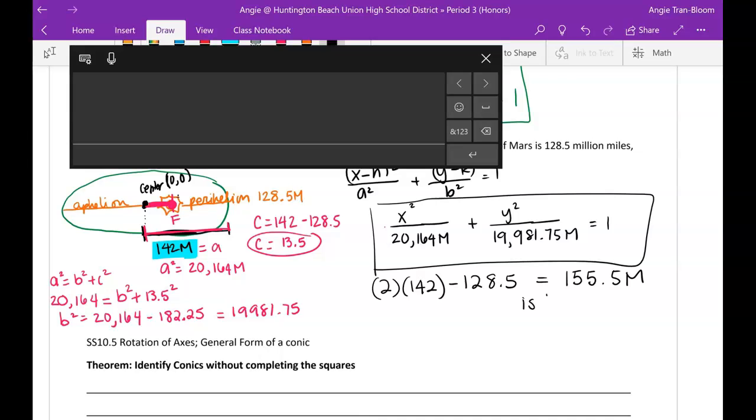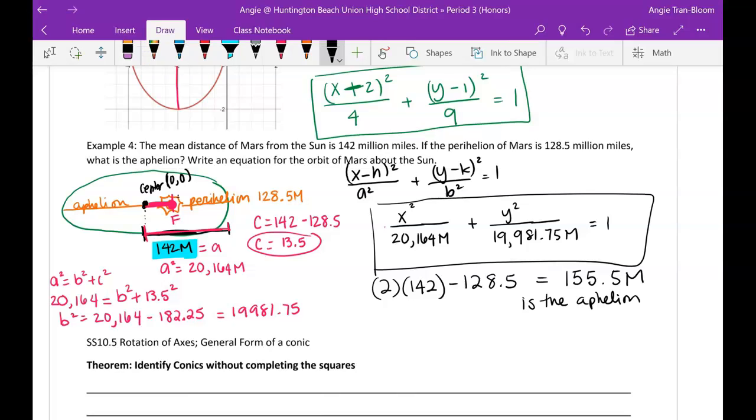That is the aphelion. So this is really about knowing what each word means in the orbit of Mars around the sun. And this is the end of our example.